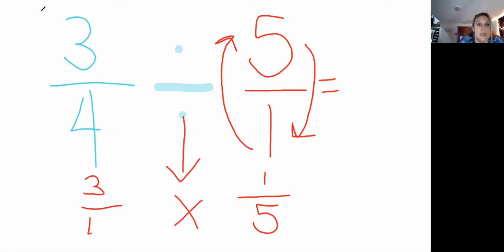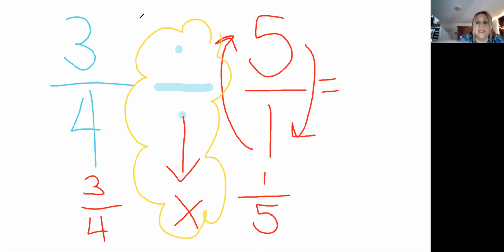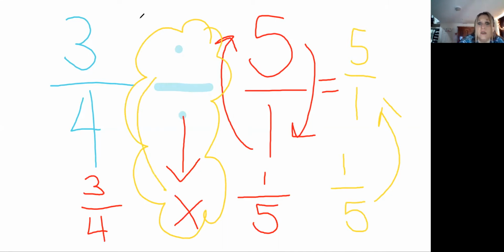But how does that make sense, Mrs. Hagan? Because remember, multiplication is just the opposite of division. So what is the opposite of 5/1? 1/5 is the opposite of 5/1, just as division is the opposite of multiplication. Okay?